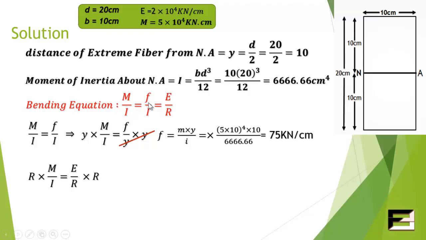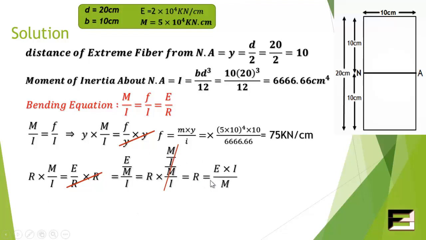We ignore F over Y because we have to determine the value of R. So we take E by R and M by I. We have to determine the value of R, so we multiply both sides by R and cross-multiply.